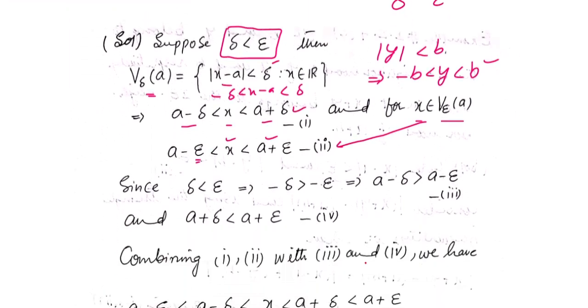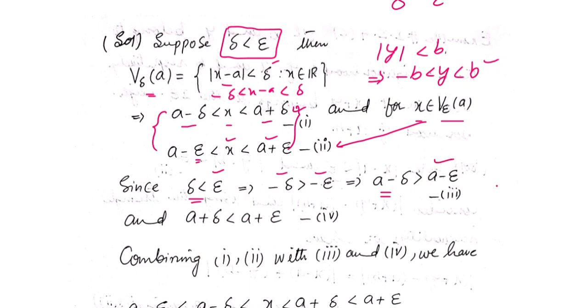Now I have to compare the left hand side and right hand side of 1 and 2. So I will use here that delta is less than epsilon and I want to find a minus delta. So multiply this inequality by minus 1, we have minus delta greater than minus epsilon. By adding a on both sides, we have a minus delta greater than a minus epsilon.